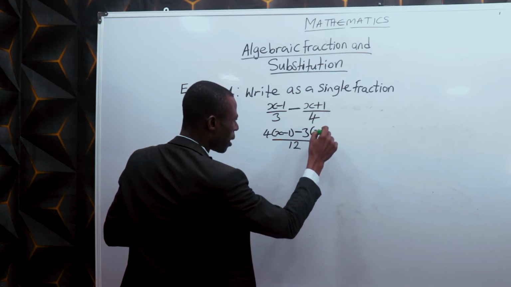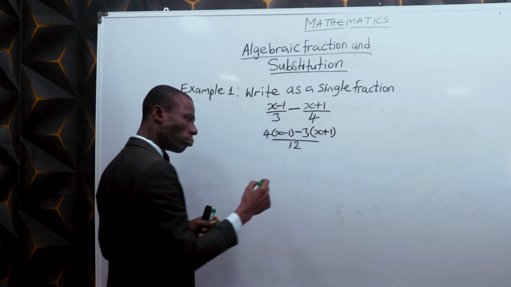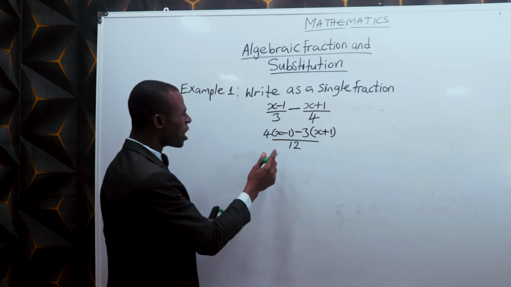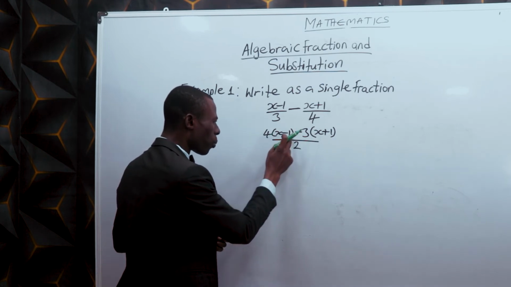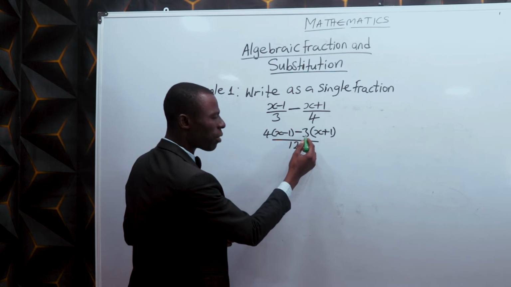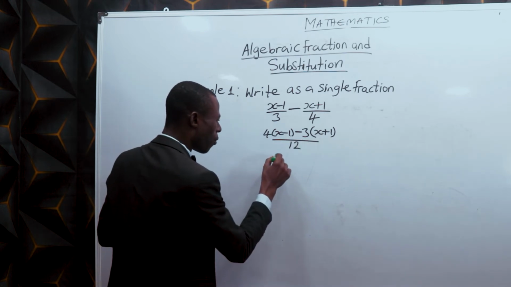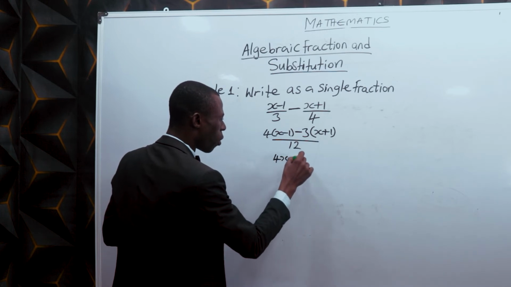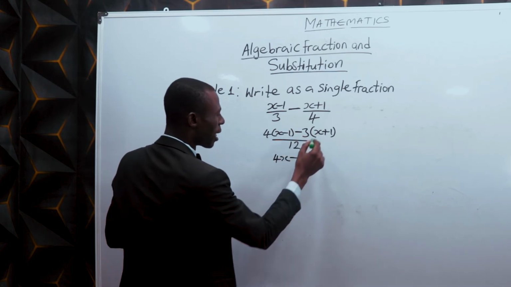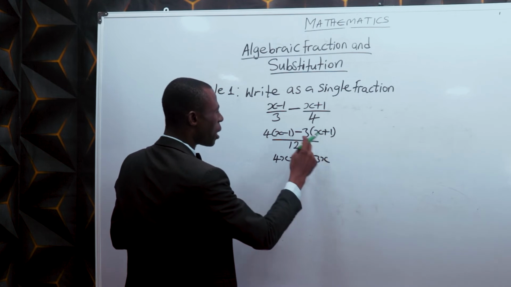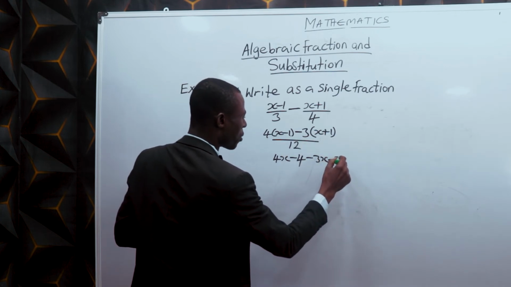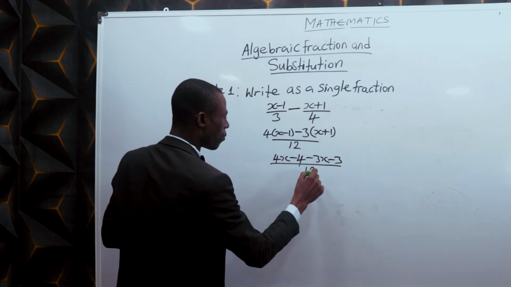Open the bracket, x plus 1. Now, use 4 to open this bracket, while you use minus 3 to open this other bracket. So you have 4x minus 4, minus 3 times x, minus 3x, minus 3 times plus 1, minus 3, all over 12.